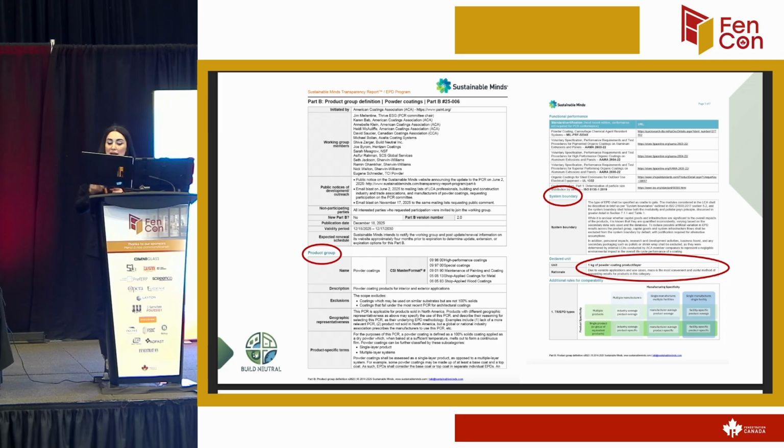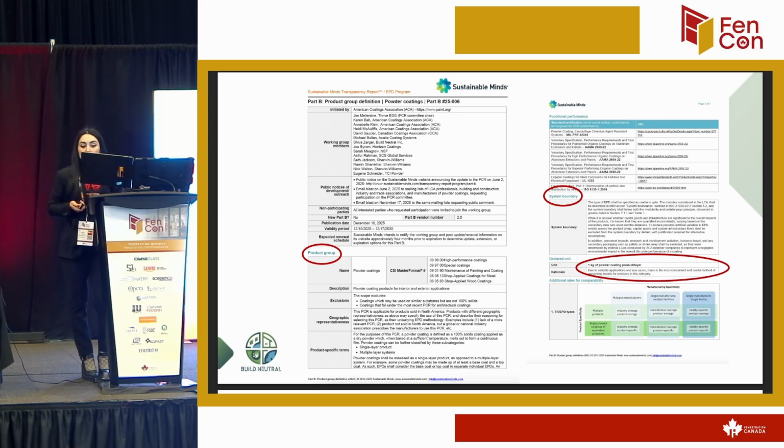So this was for powder coating. Then you can see the Sherwin-Williams team were in that working group alongside me and other members like the American Coatings Association and others. So in the PCRs, we define what the product group is, what the system boundary is, what the declared unit is.